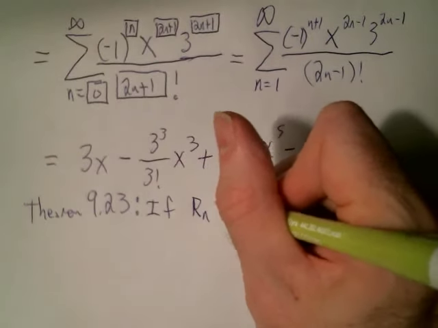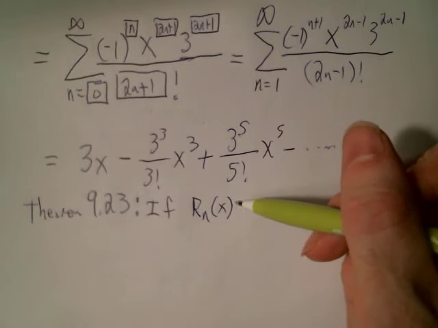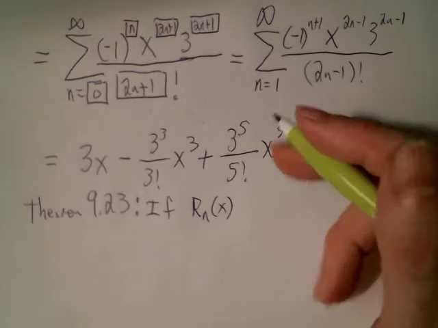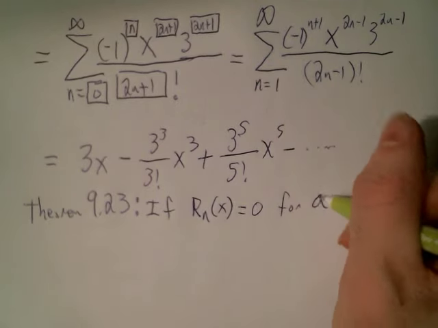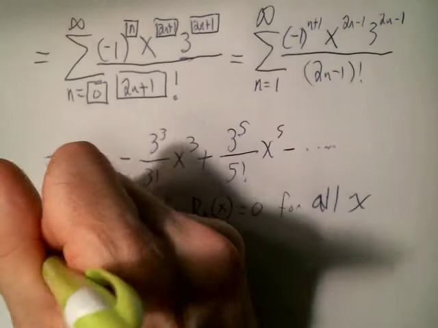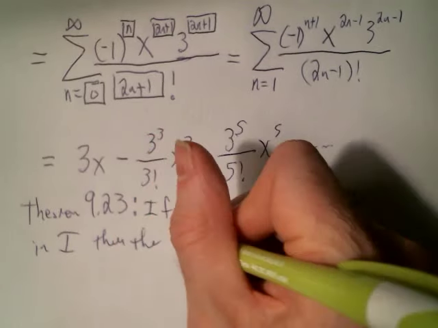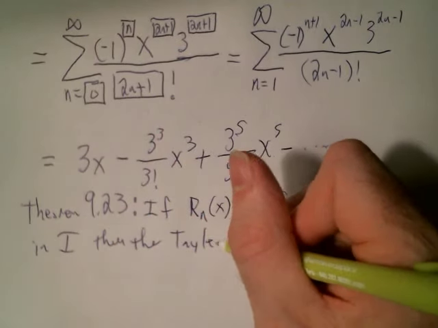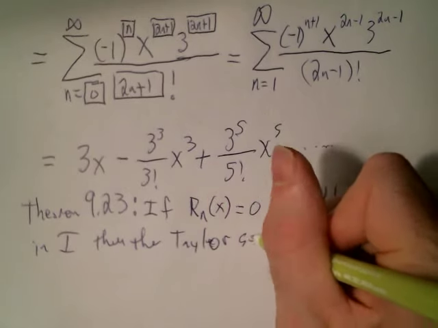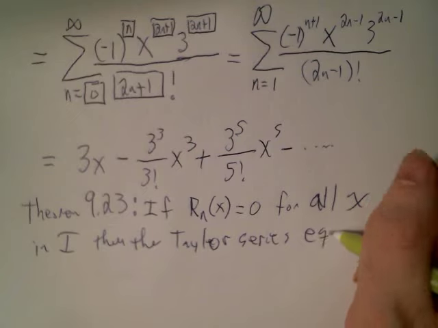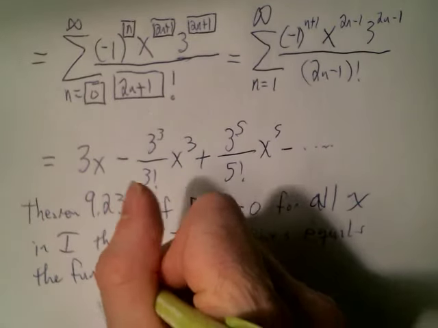Basically, if r sub n of x, the difference between the polynomial approximation and the actual function, goes to 0 for all x in some interval I, then the Taylor series actually equals the function it represents.